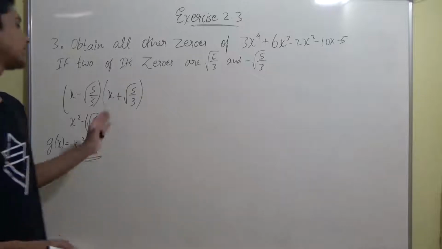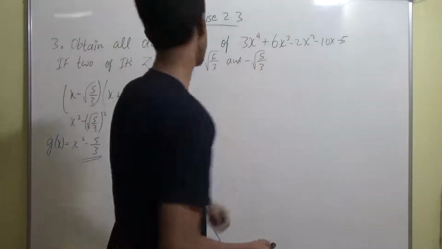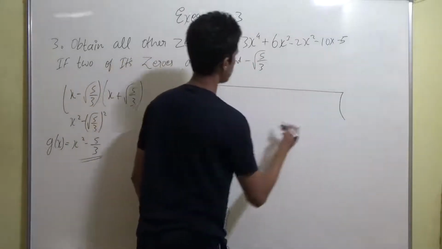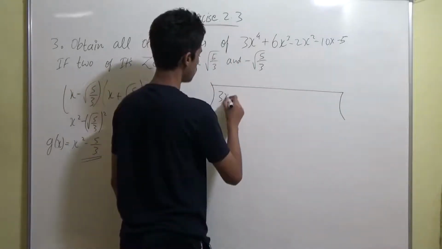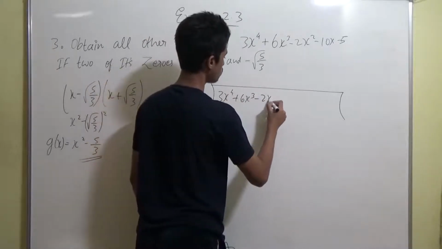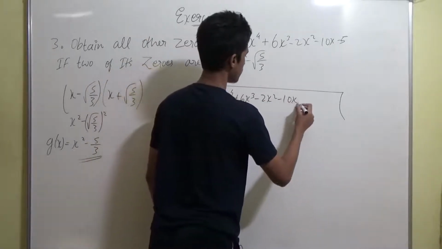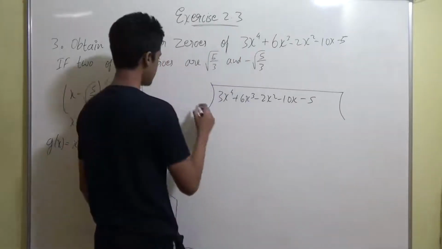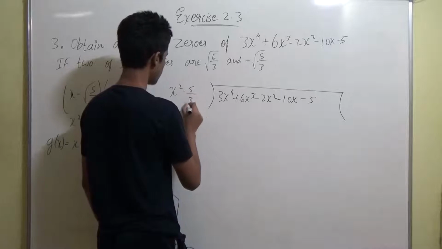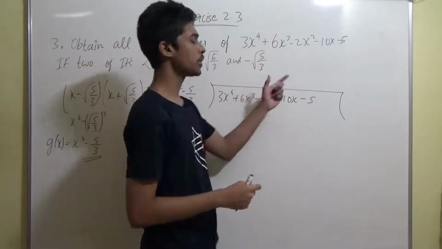Now let's go ahead and divide the polynomial p(x), 3x^4 + 6x^3 - 2x^2 - 10x - 5, by g(x), x^2 - 5/3. When you divide, you are going to get a quotient.